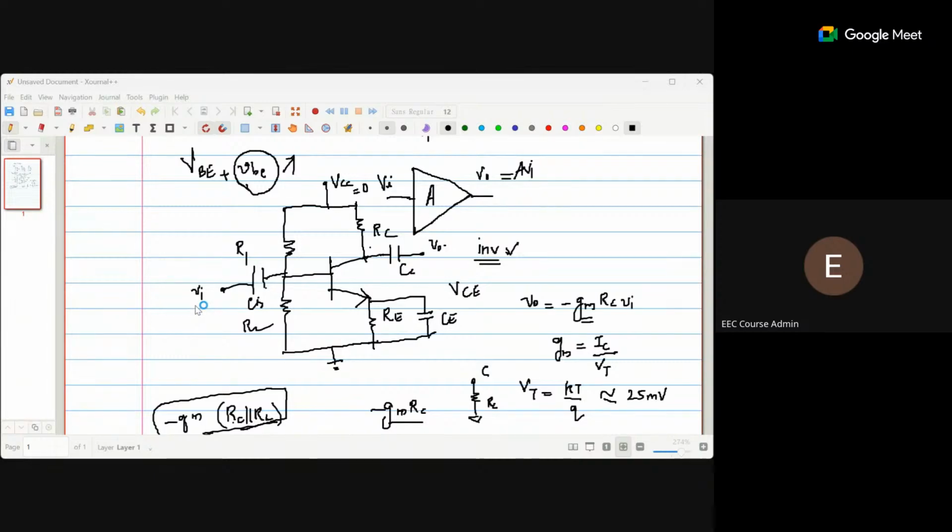V out is here, correct? Okay. Collector terminal. I just want to ask, when that voltage passes through that bypass capacitor CE, then where does that voltage go? If that will go to ground, then what's the use of doing that?